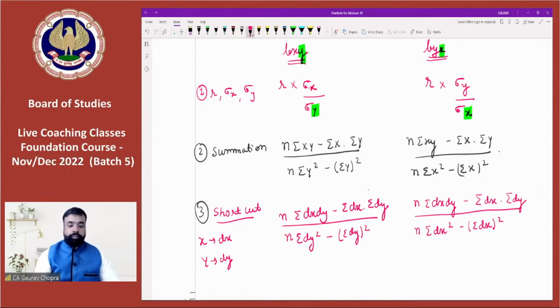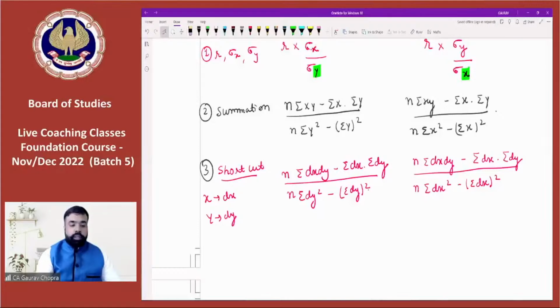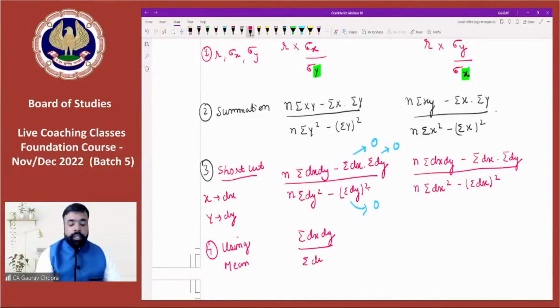All right. This was the third formula. And now the fourth one. The fourth one is when we have to take deviation from mean. So now we are taking deviation from mean. Whenever we take deviation from mean, sigma dx will become 0 and sigma dy will become 0. So what is left? We are left with sigma dx dy upon sigma dy square.